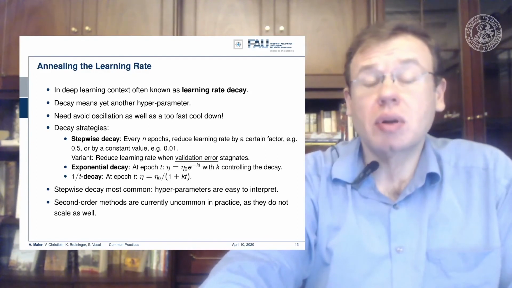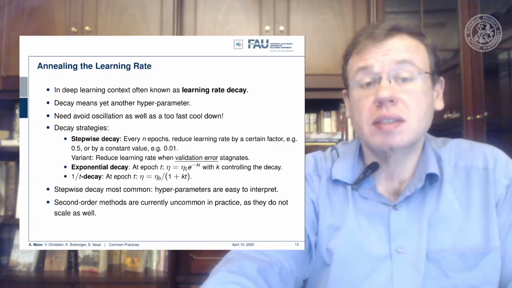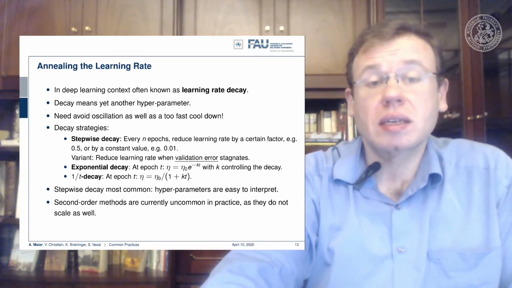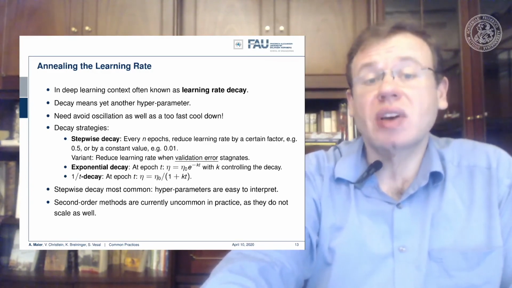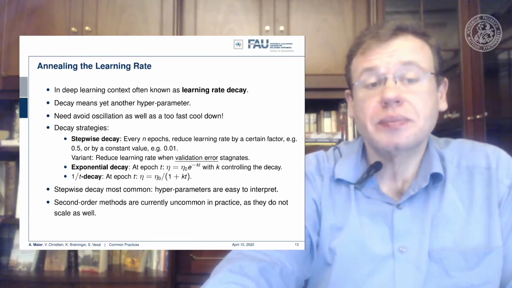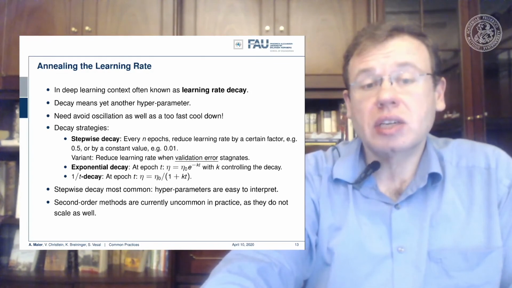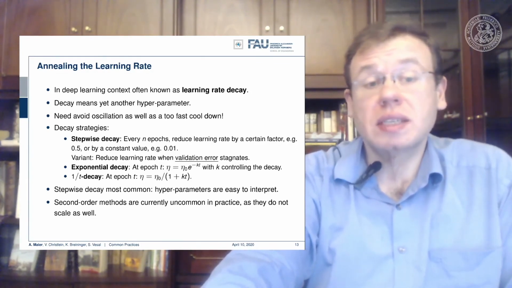So there's a couple of decay strategies. Stepwise decay: every n epochs, you reduce the learning rate by a certain factor, like 0.5, or a constant value, like 0.01, or you reduce the learning rate when the validation error is no longer reducing. There's exponential decay: at every epoch, you use this exponential function here that can control the decay.